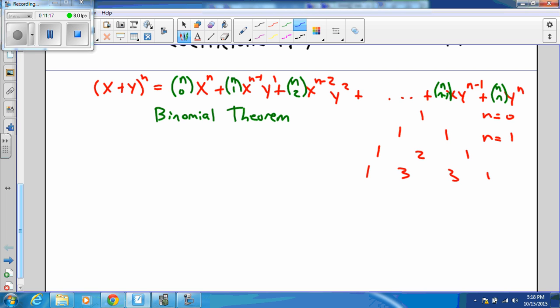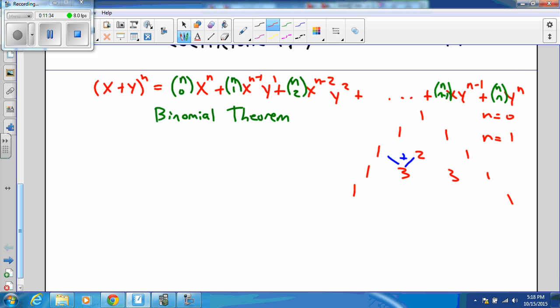Then a pattern begins to emerge, and that is that each element in the nth row is equal to the sum of the two elements directly above it. So if I take and add 1 plus 2, I get 3 here.